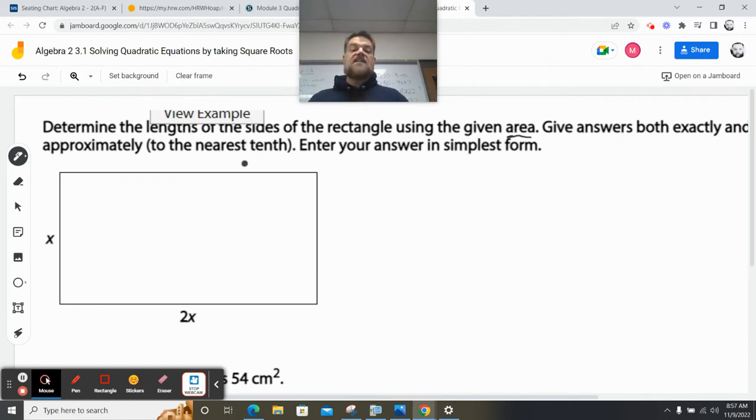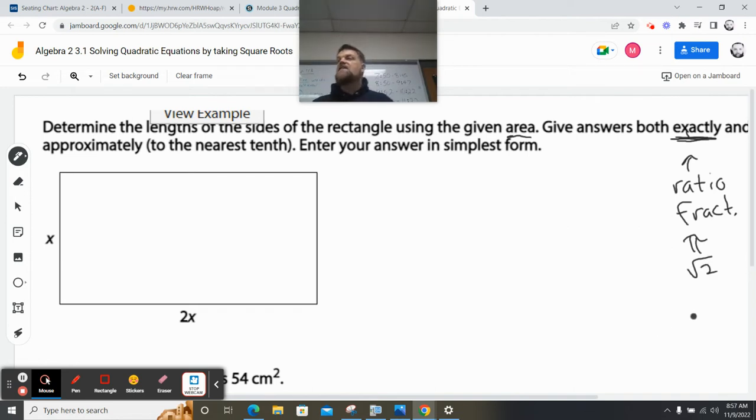Whenever they say exact, that's going to be some sort of ratio, which you most commonly refer to as a fraction. Or it'll be pi, or a square root or something like that.